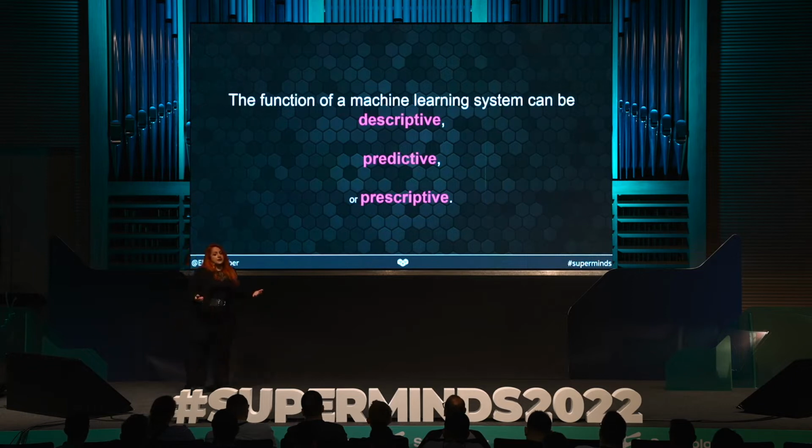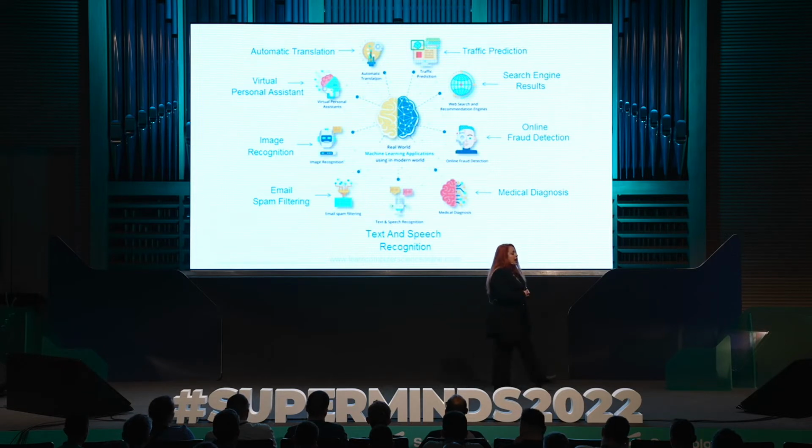So as you can imagine, there are a ton of applications of machine learning and AI in general. It can predict, it can tell us what to do, and it can tell us what already happened and why. Some of the machine learning applications include virtual assistants like the Google Assistant or Siri and Alexa.